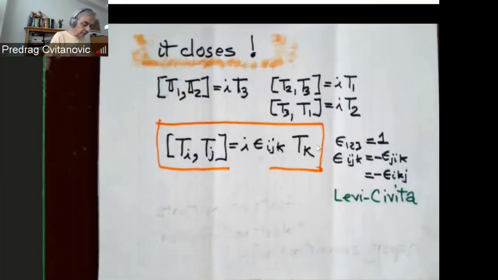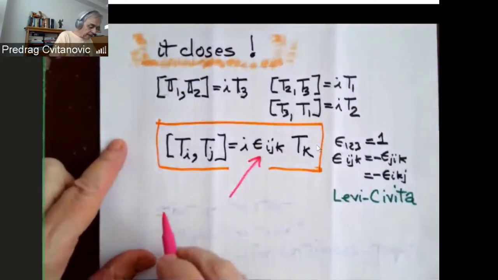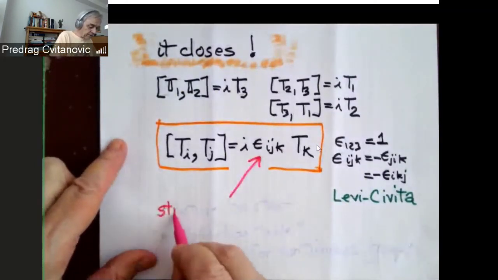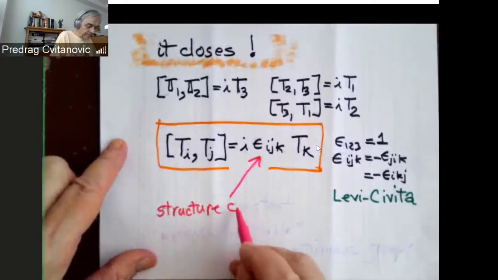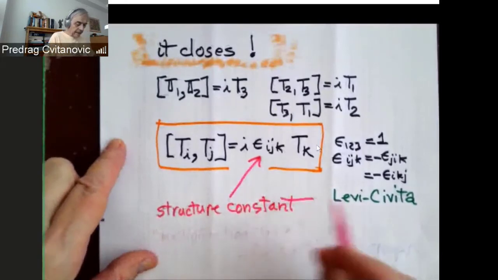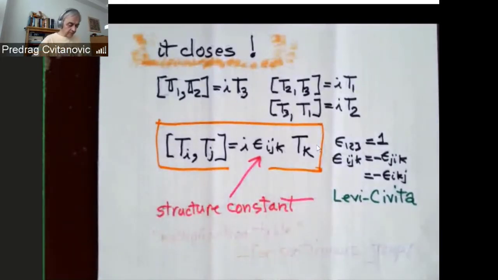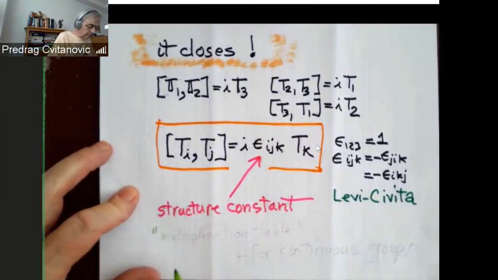So that was a totally explicit simple calculation. And this thing has a name. It's called a structure constant. And how do you think about this object? Remember when we had finite groups, we had a multiplication table.